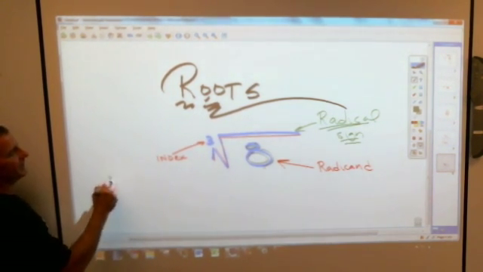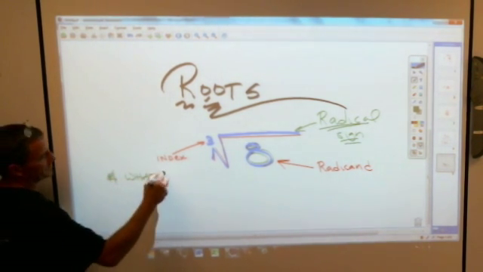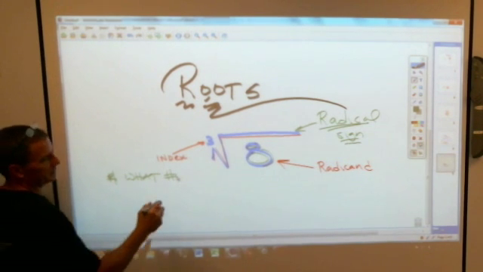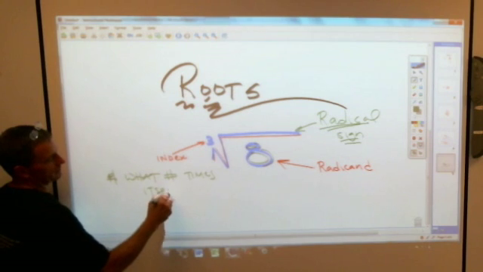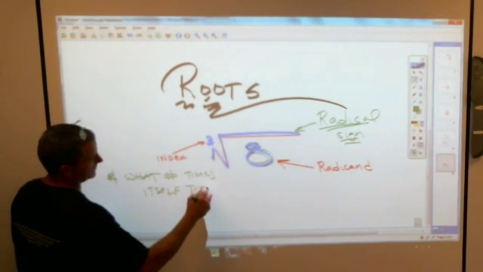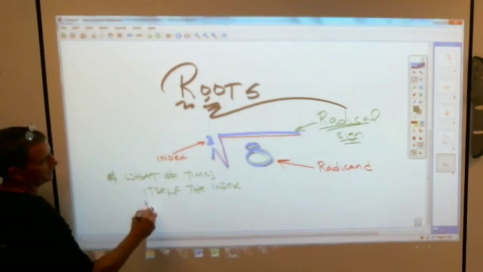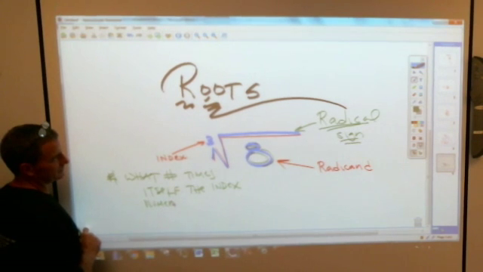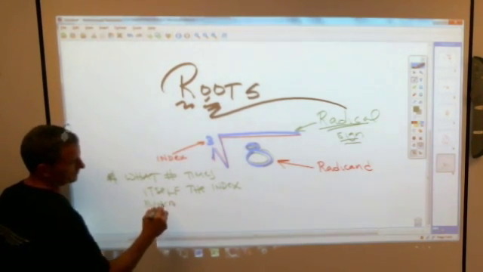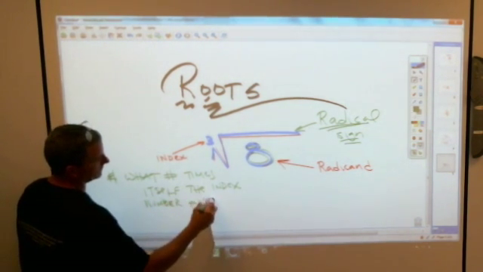All right, you have to say what number times itself the index number of times. Actually, that's not the best way to say it. I've never figured out the best way. The index number gives you the radicand.